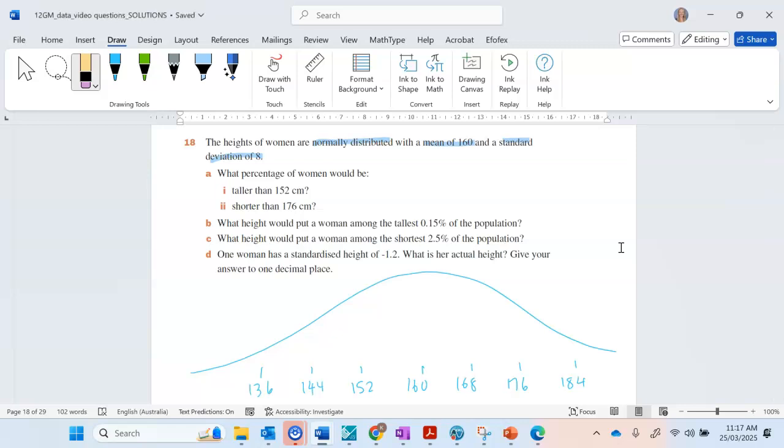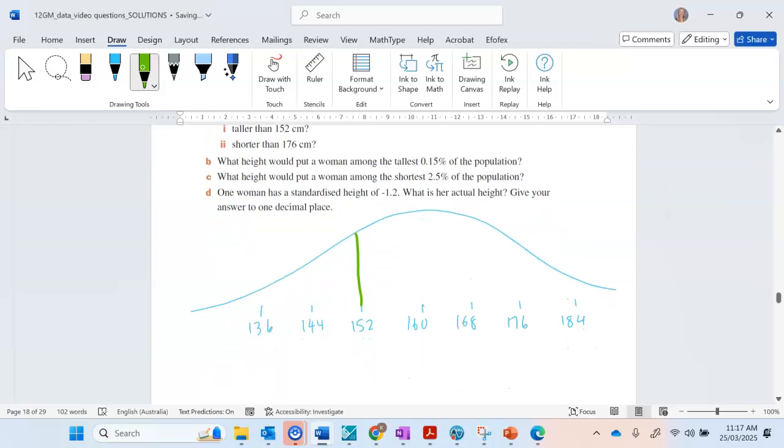What percentage of women would be taller than 152? So taller than 152, we're here, and that is, if that's 0, we're at -1 standard deviations below. So we're looking at this whole part here.